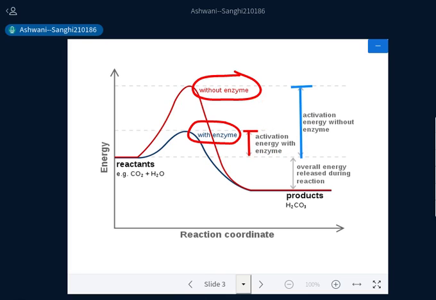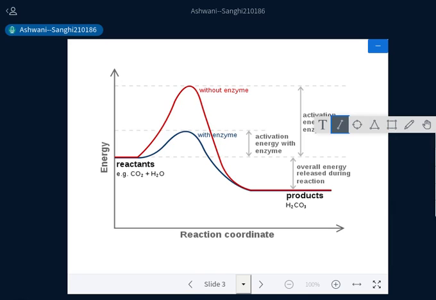So in this graph we can see that in the absence of enzyme, more energy is required as compared to the reaction with enzyme, or we can say that enzyme lowers this energy for a reaction.